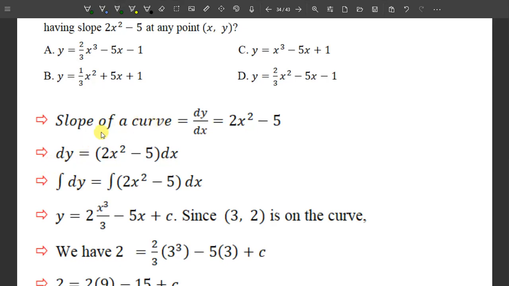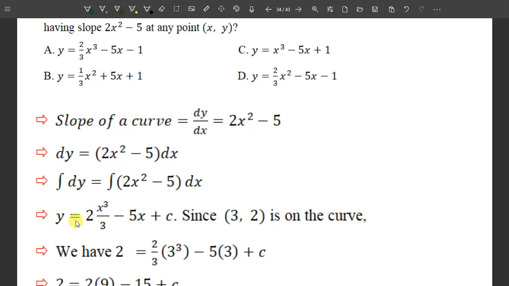If we take the indefinite integral on both sides, what we will get is the following. The integral of dy is equal to the integral of (2x squared minus 5) dx. The antiderivative of dy is simply y, because the coefficient of dy is 1, and an antiderivative of 1 with respect to y is y.